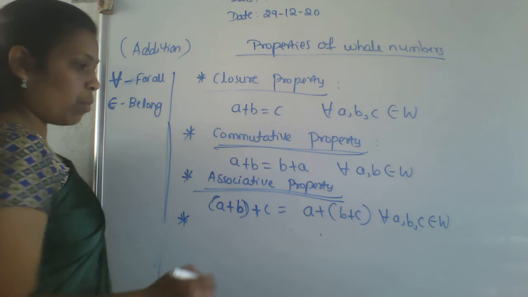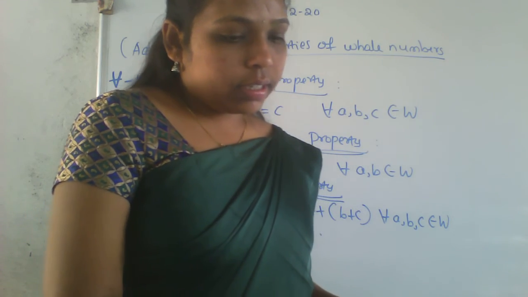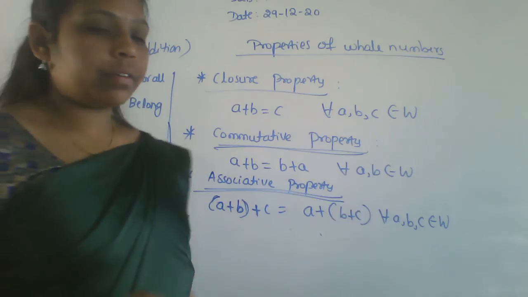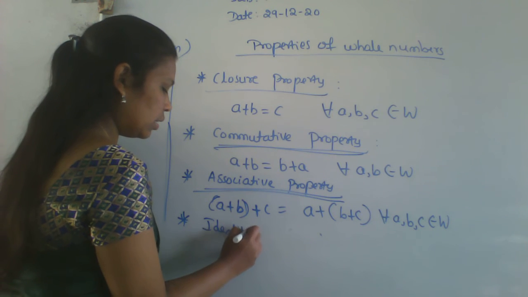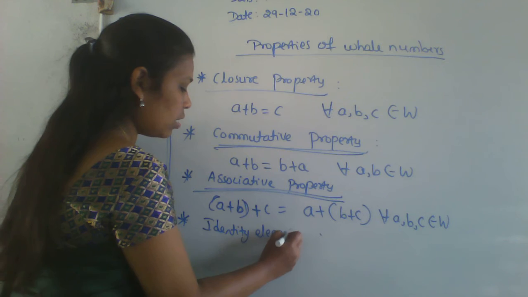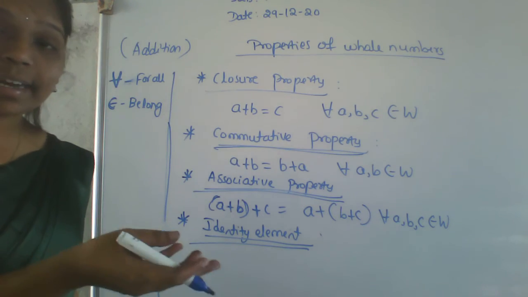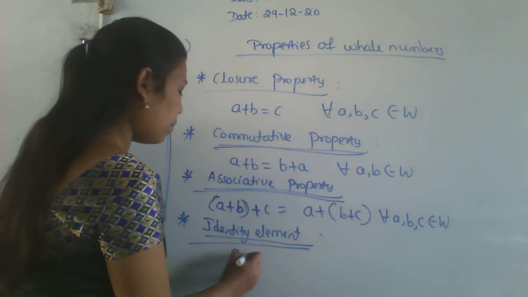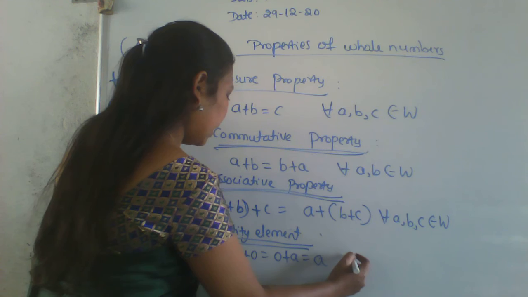Let's go for the next property, that is the identity element. Identity element means whatever number you are adding, again you have to get that number only. That is a + 0 = 0 + a = a only.